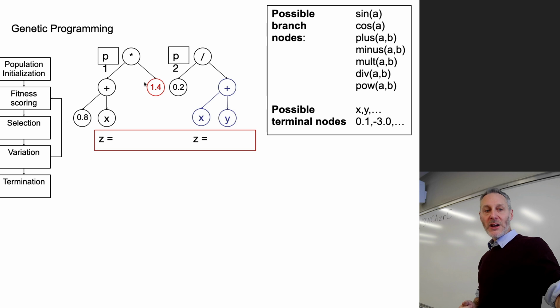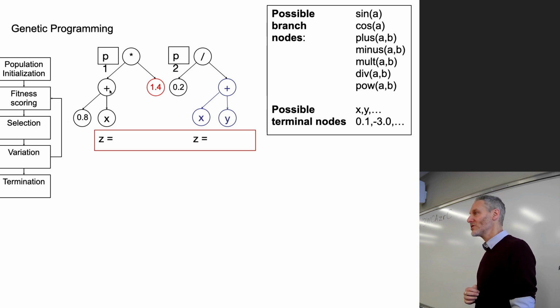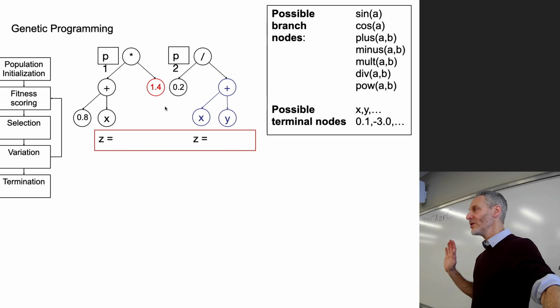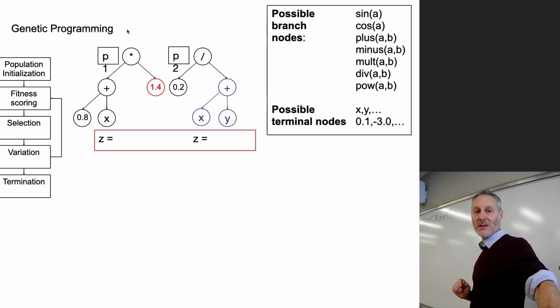Okay, so we've done this once and we've created a random equation, so we now have a tree which is encoding an equation. For the computer scientists in the room, hopefully you should be able to read off from this tree what the equation is. 0.8 plus x times 1.4. So for the non-computer scientists who have never seen the tree data structure before, we're going to drop down through the tree, and as we do, we're going to write out the equation that's being built as we visit each node in the tree.